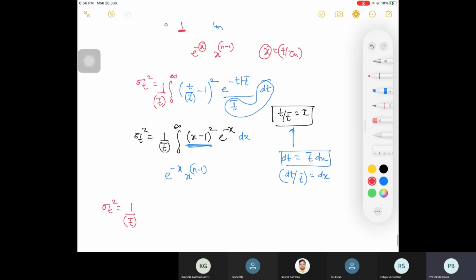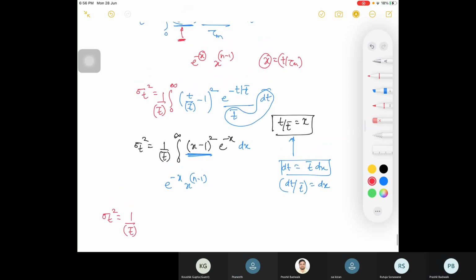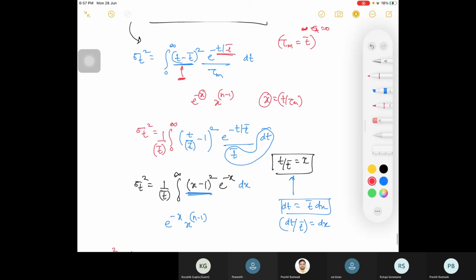Here it is t mean, e power minus x. Yes, it is correct. Is there any mistake here? We took common as mistake is here. Sir, there won't be any 1 by tau m. Yes, it is your t mean square.